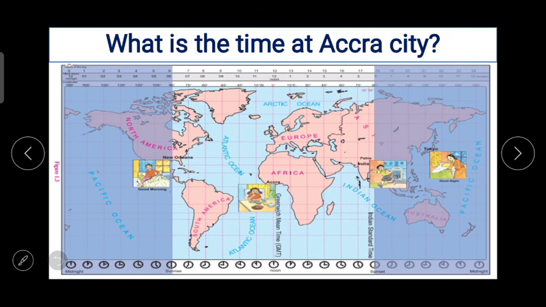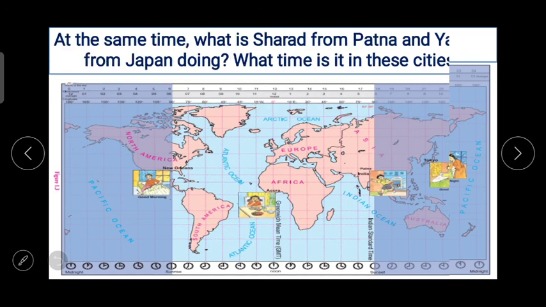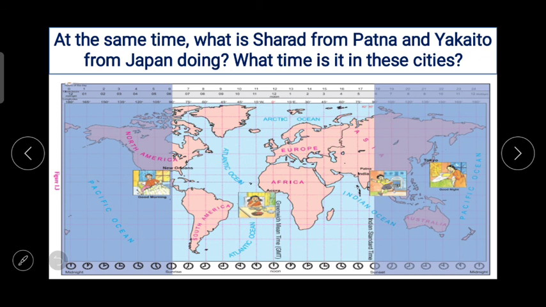For this you have to calculate, and by that you can say the time. It's 12 noon there. Then next one, again I am repeating the same thing: you have to observe the figure carefully, and with the help of your textbook you can study this and answer the questions.